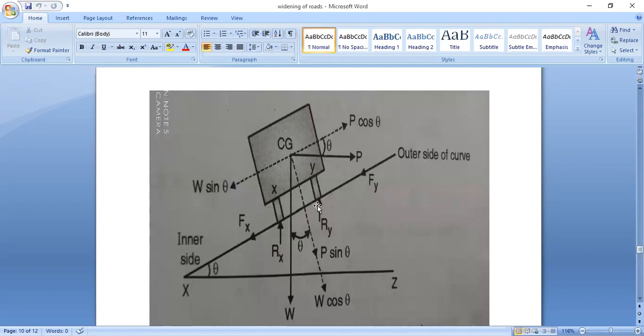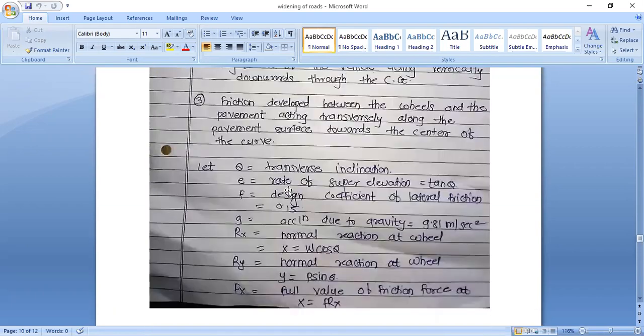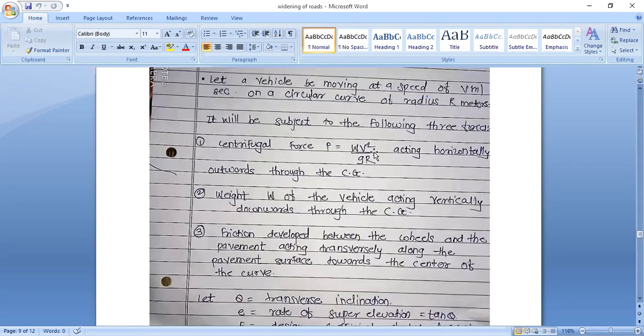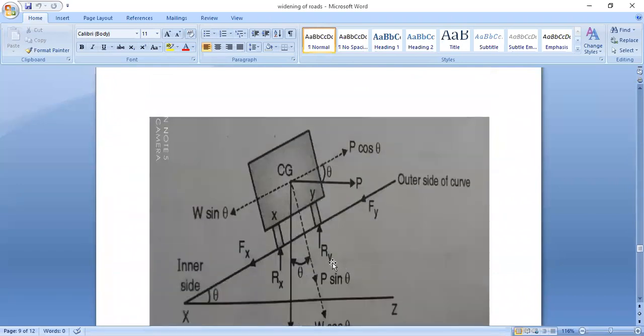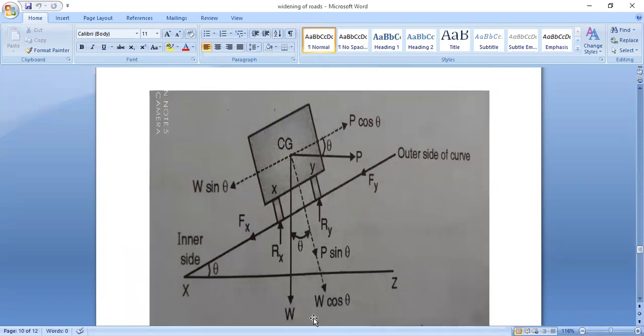There are three forces which act on the vehicle while traveling on the super elevation. First is P, the centrifugal force, then second is the weight of the vehicle acting downward, and third is the friction developed between the wheel and the pavement of the road. Then these three forces are resolved.